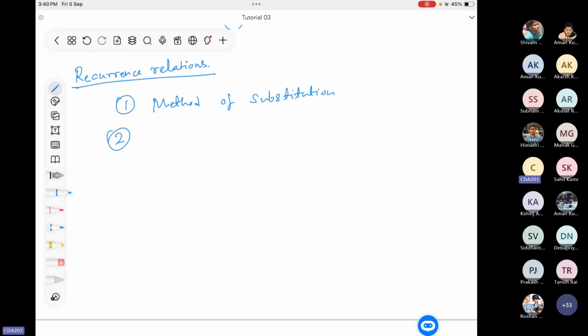Second is change of variables. Then there is the iterative method.